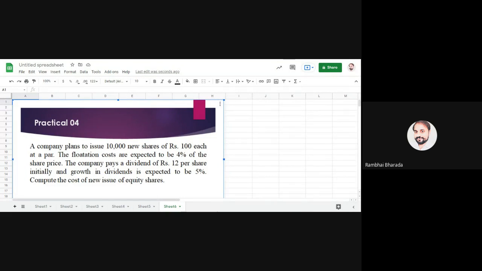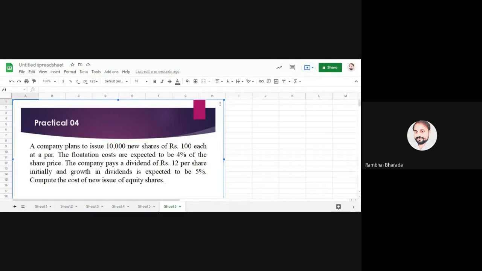Flotation cost means expenses related to the issue of equity shares in the market. So this flotation cost is considered as issue expenses. Are we clear?